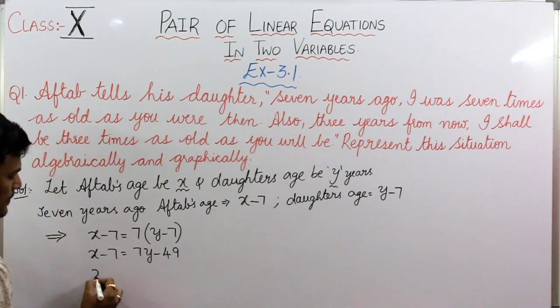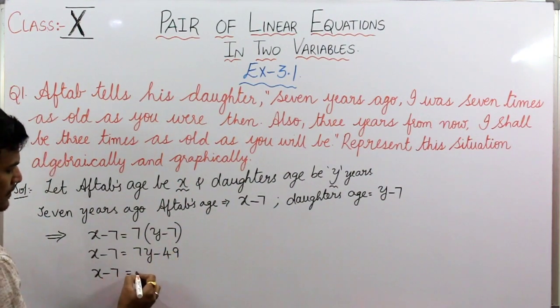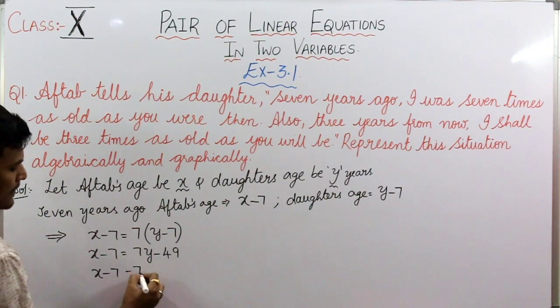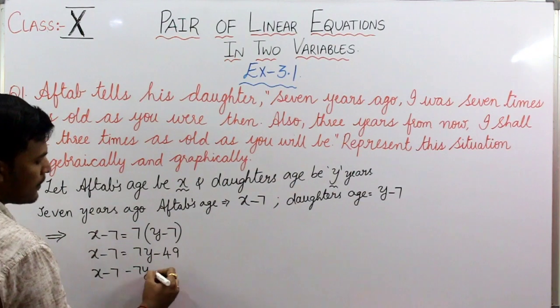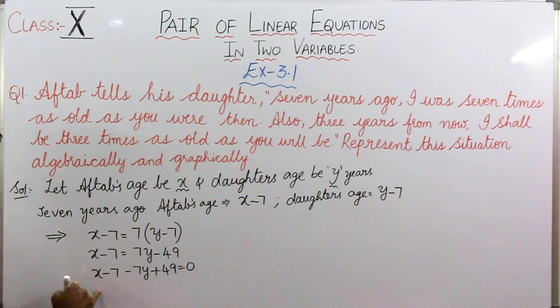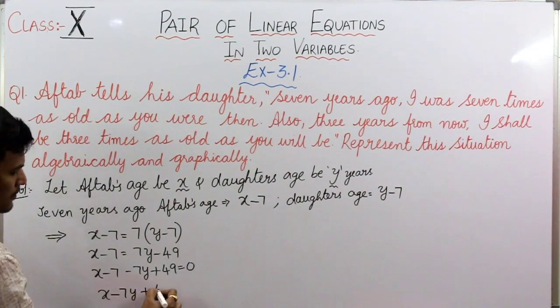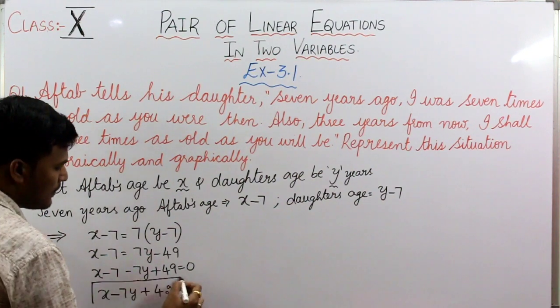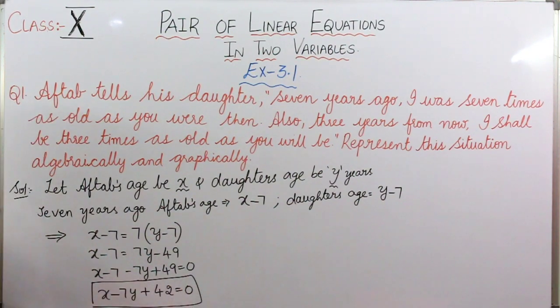Get all the terms to one side. x minus 7, when you bring plus 7y here it becomes minus 7y, and when you bring minus 49 this side it becomes plus 49 is equal to 0. So we can write it as x minus 7y plus 42 is equal to 0. This is the first required equation.